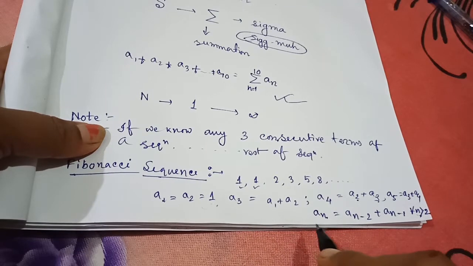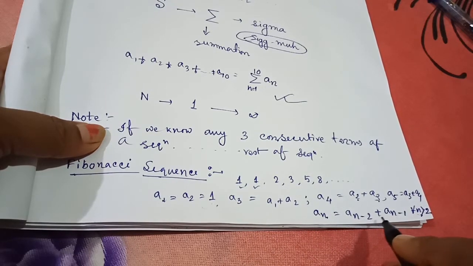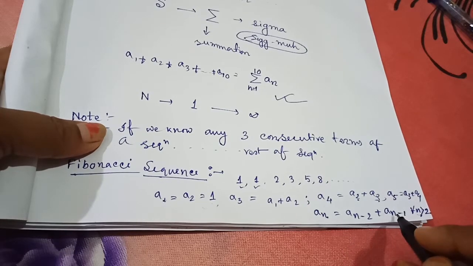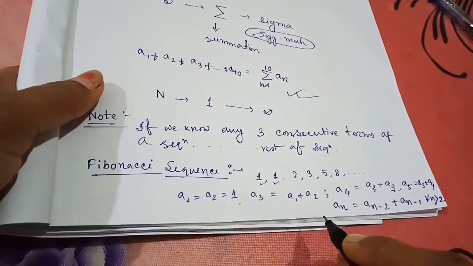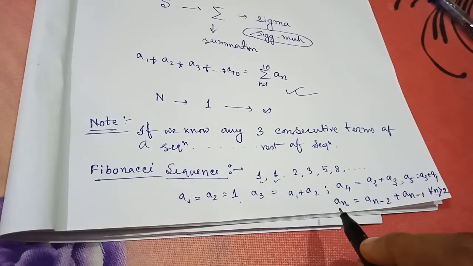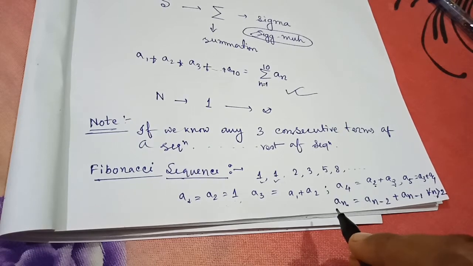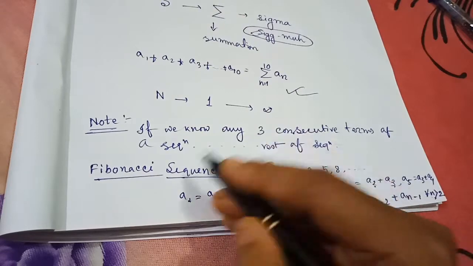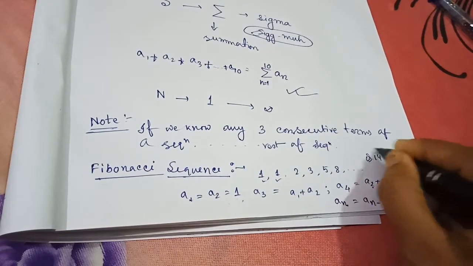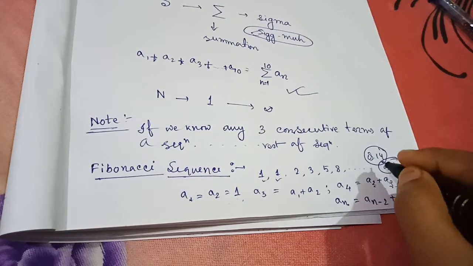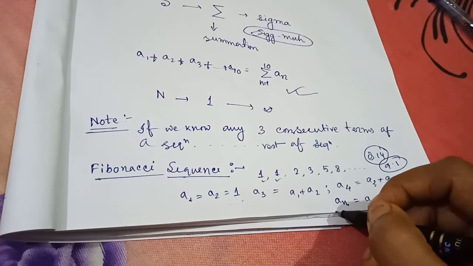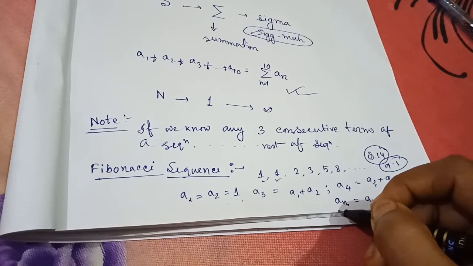So this is the form: a_n equals a_(n-2) plus a_(n-1). This sequence is called the Fibonacci sequence. A question related directly to the Fibonacci sequence is given in question number 14 of exercise 9.1.